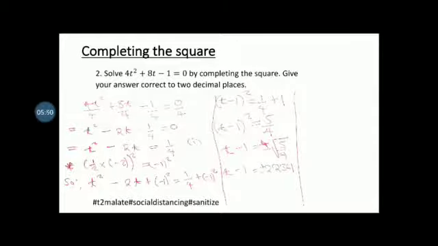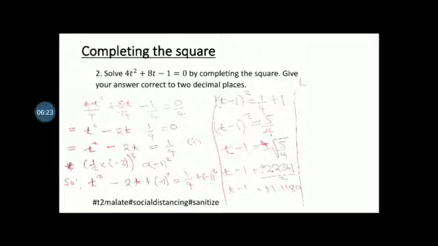So the question says correct to two decimal places for your final answer. So before the final answer, please write at least 4 decimal places over 2, and this is t plus 1 is equal to plus or minus 1.1180.